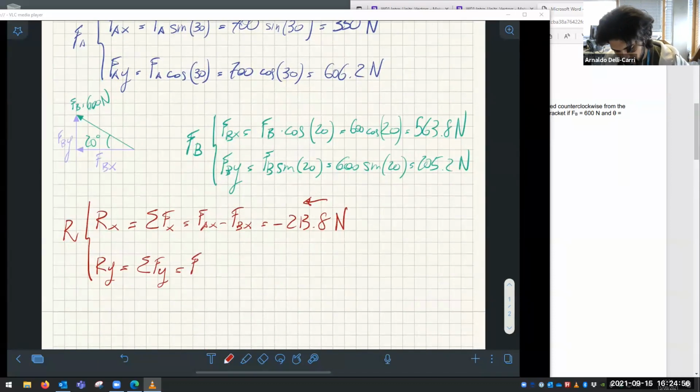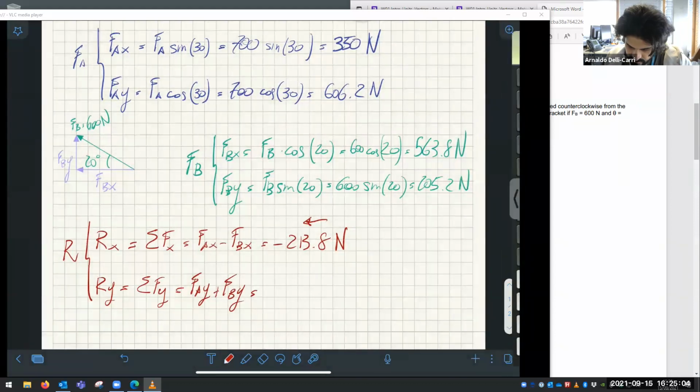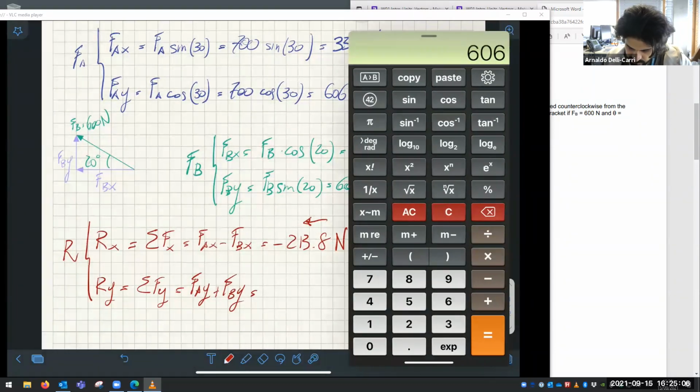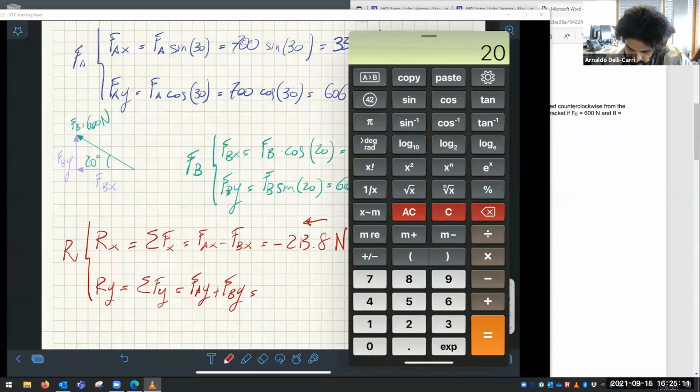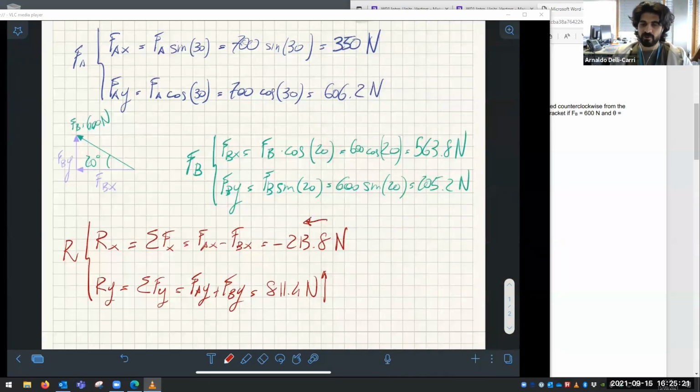So FAY plus FBY equals 606.2 plus 205.2, which is 811.4 newtons. So this one is going up, and my resultant force is pulling left and up.